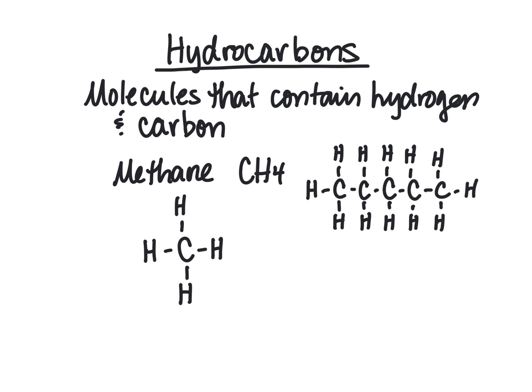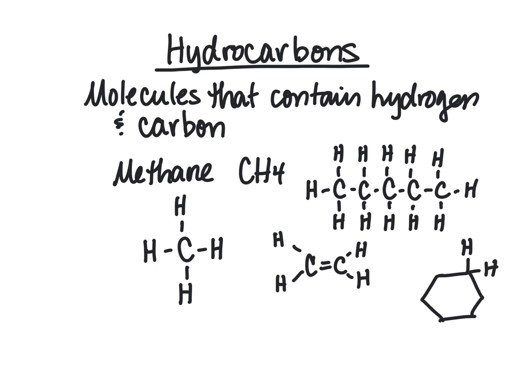There can be double bonds between the carbons. There can be triple bonds. Sometimes the carbons form a ring-like structure with hydrogen sticking off of it, etc., etc. So these hydrocarbons are very versatile molecules.